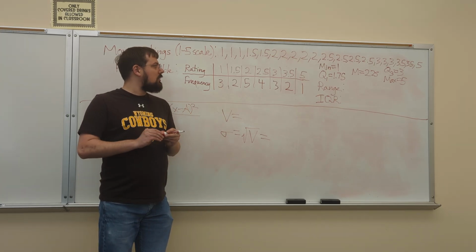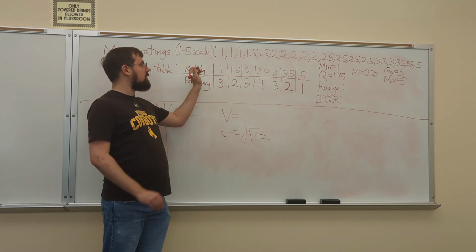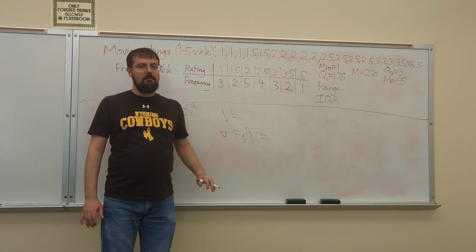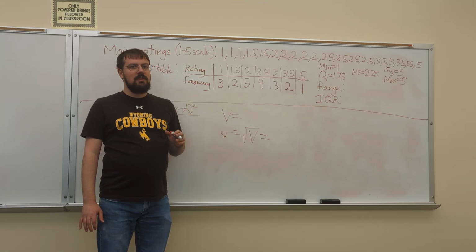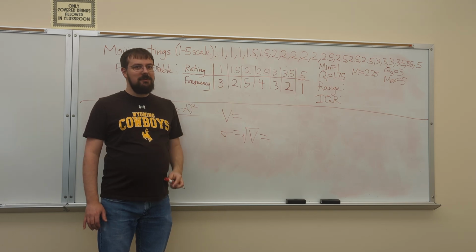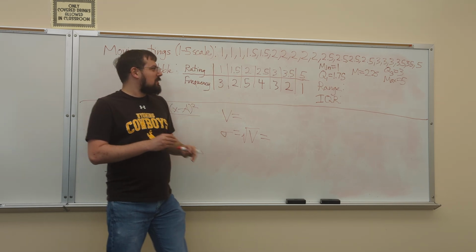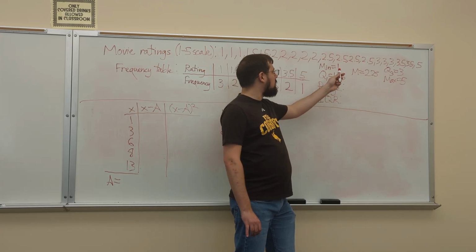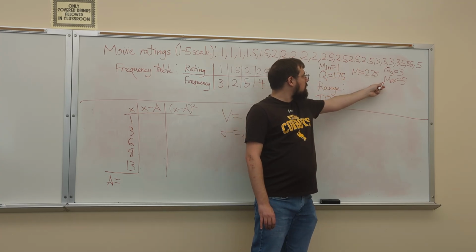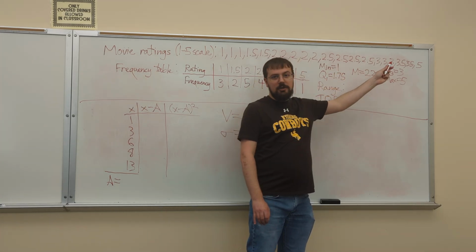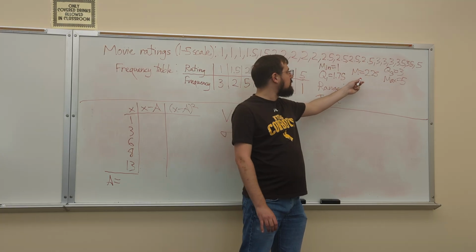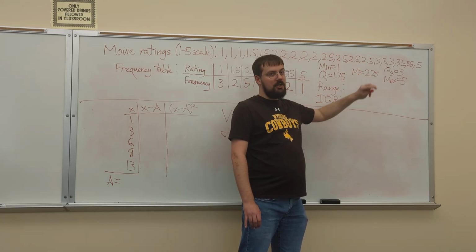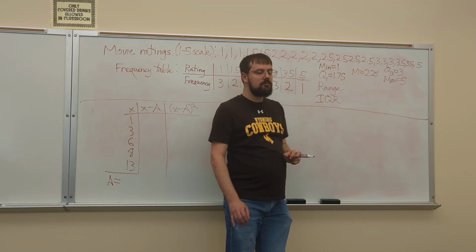If you remember from the last video, we have this example data set that we've been looking at for our ratings for a really terrible movie. And in the last video, we figured out our 5-number summary, which includes the minimum, maximum, our quartiles, which are our 25th and 75th percentiles, and then the median, which is our 50th percentile.